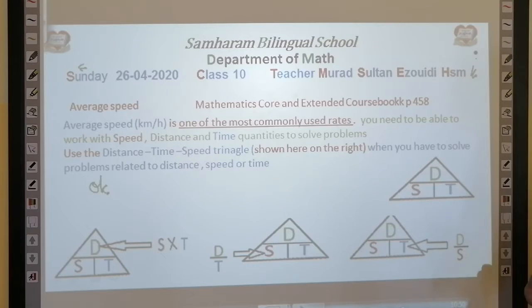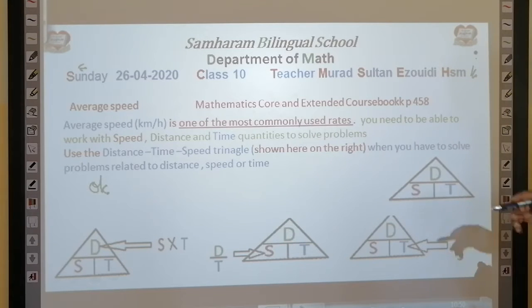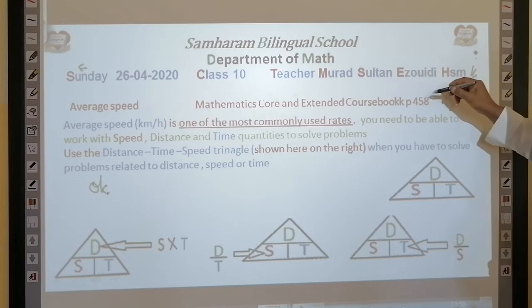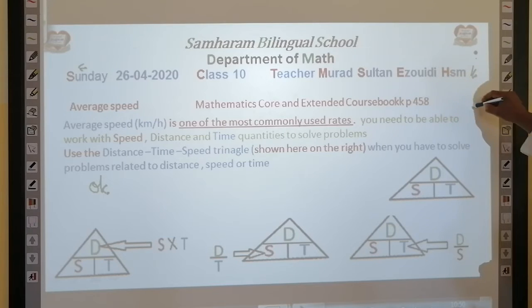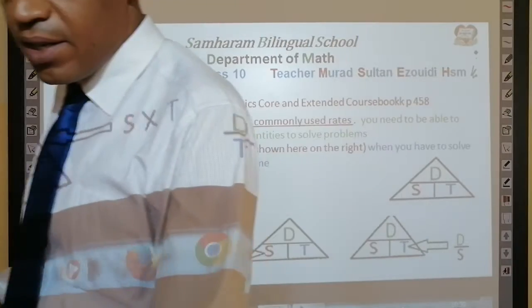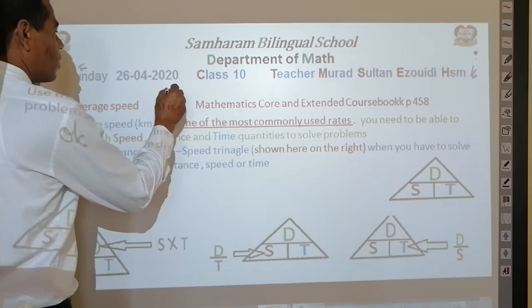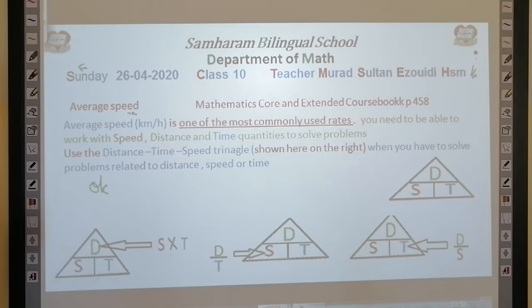Average speed. Mathematics, Core and Extended course book, page 458.